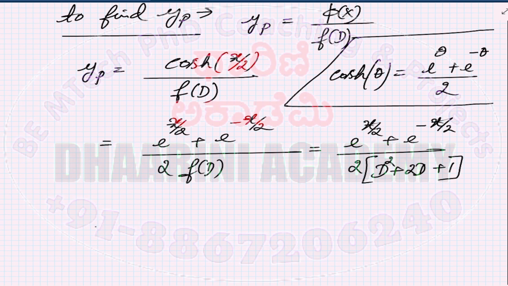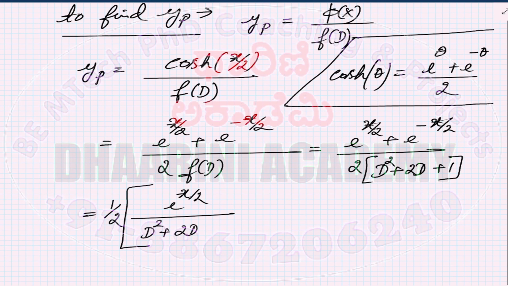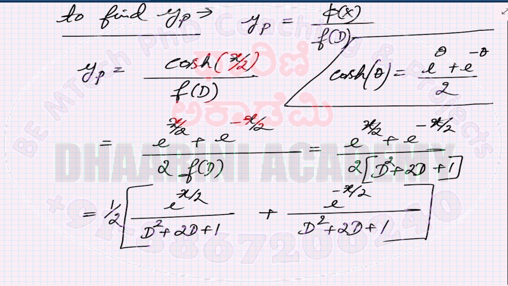Now, I'm supposed to make a substitution, but before that, let me elaborate. So half I'll take outside, and for e to the x by 2 only, I'll write first the denominator d square plus 2d plus 1, plus the second term, e to the minus x by 2, whole divided by d square plus 2d plus 1. So it's same as the previous step.